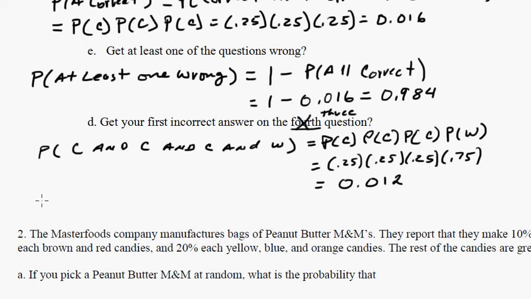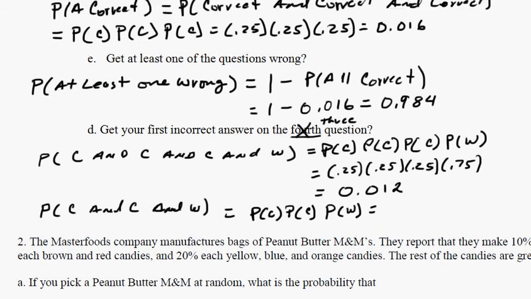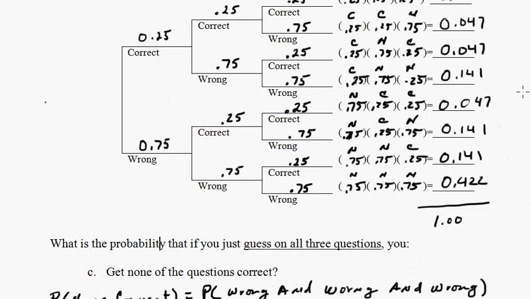Now, if some people realized I made a mistake and said 3, then it would be the probability of correct and wrong. So that would just be the probability of correct times the probability of correct times the probability of wrong. And I think we have one of those, don't we? Correct, not correct.